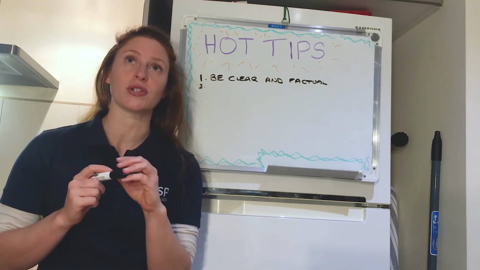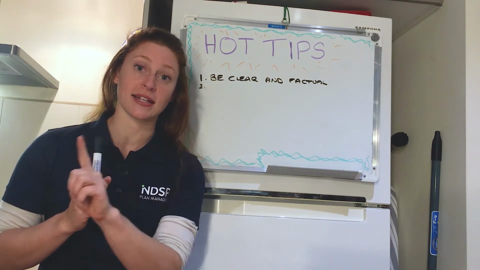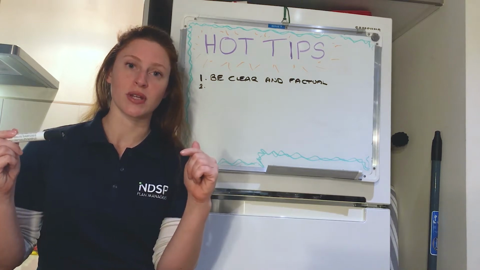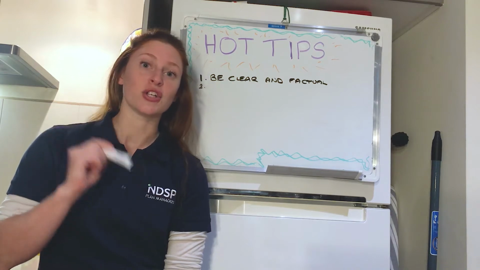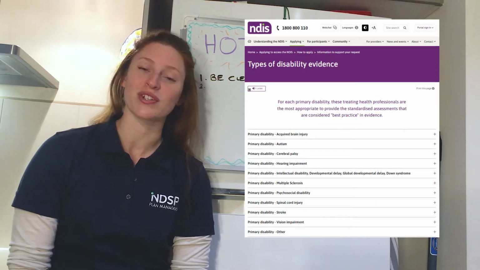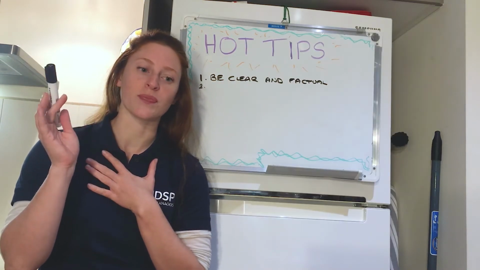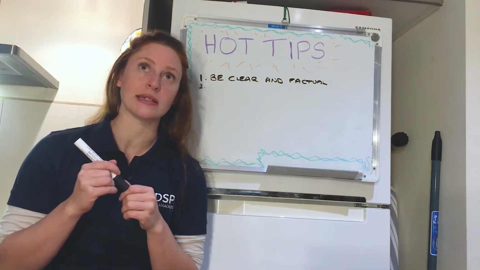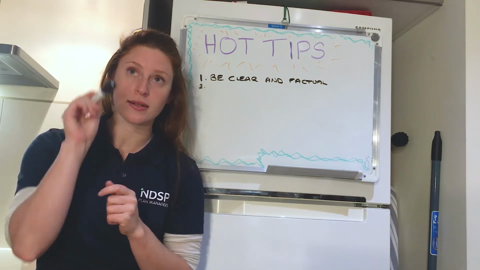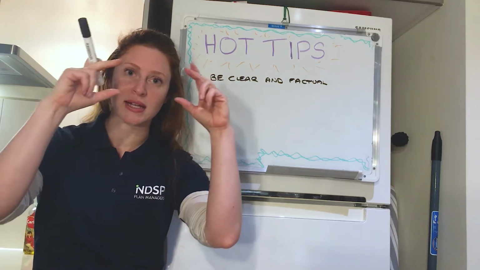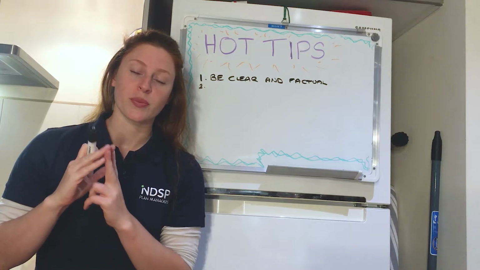So if you type into Google, types of disability evidence NDIS, you should be taken to an NDIS website page where it lists lots of types of disability. You just need to go on and select your diagnosis. Isn't that amazing? So, for example, if the diagnosis is intellectual disability, you just click that, and there's a drop down and it usually gives you their top 3 preferred practitioners.